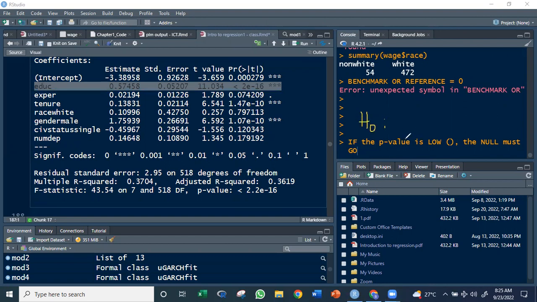The null hypothesis for education is that beta 1 is equal to 0. So it's just individual, no? These are individual tests.